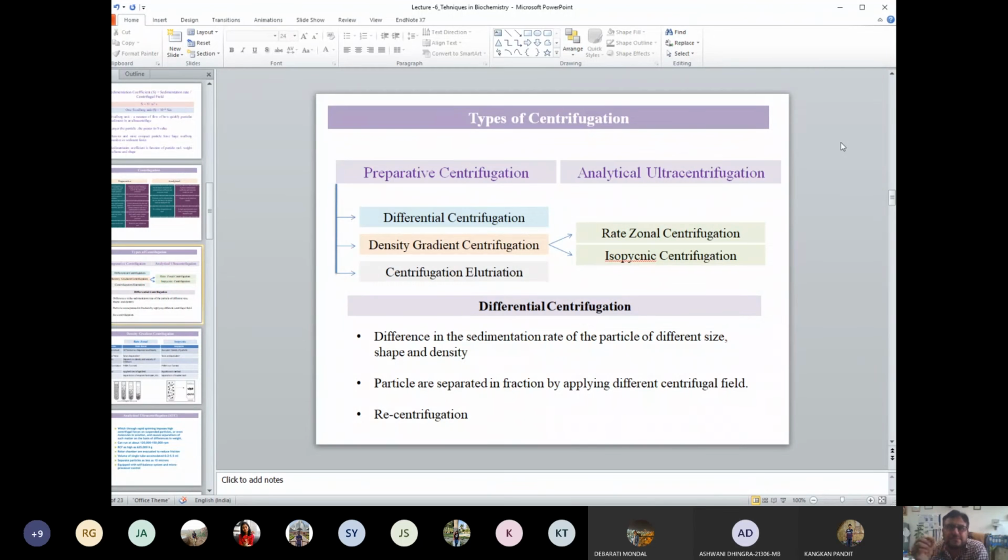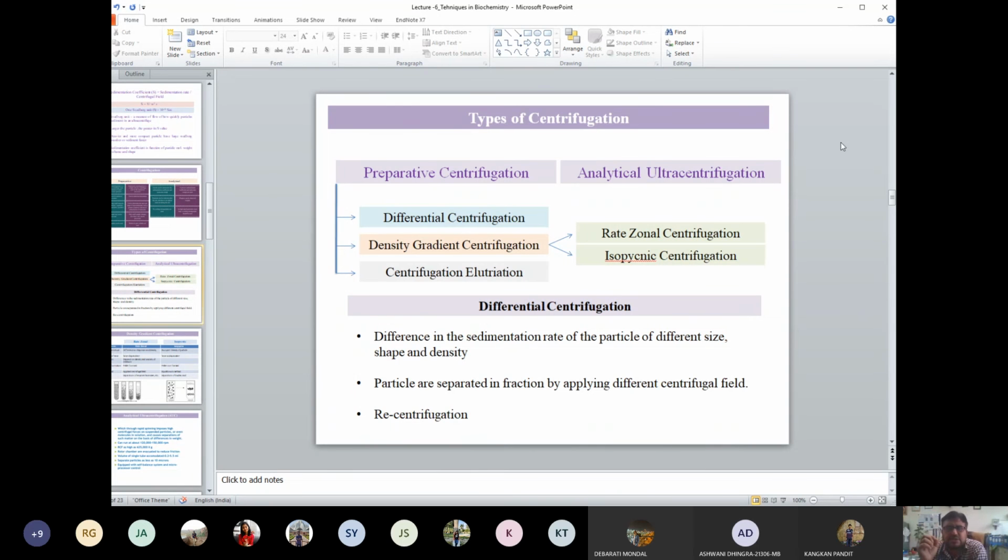So even if you centrifuge for 10 hours, 12 hours, 2 days, 5 days, it hardly affects the location of that particular particle, because it will form a layer at a particular space based on its buoyant density. So that is called isopycnic centrifugation.